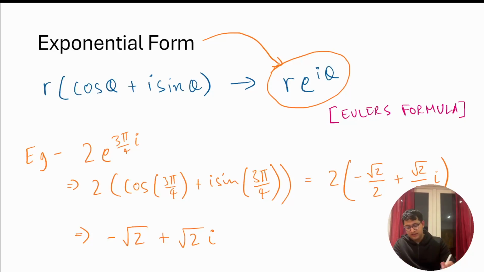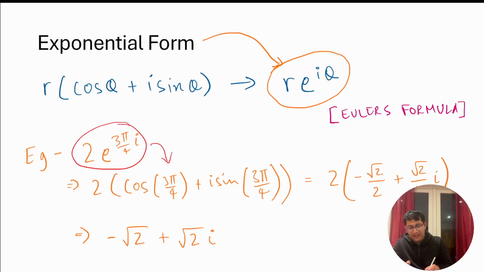So if you're given a complex number like 2e to the 3 pi over 4 i, how do we convert it back to what's familiar, a plus bi? Well, you can firstly convert it into the modulus argument form. A lot of people fail to recognize this purely because it's so unusual.